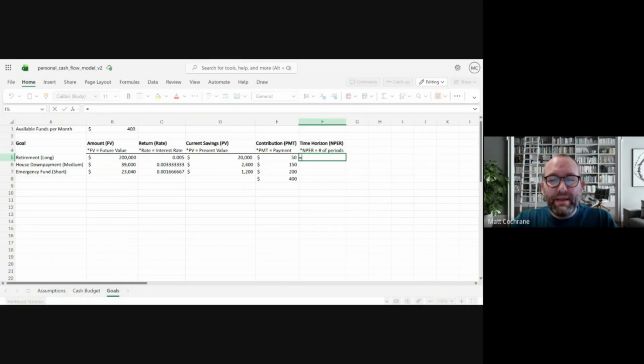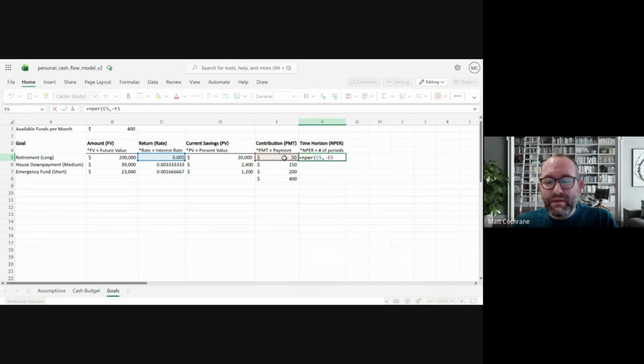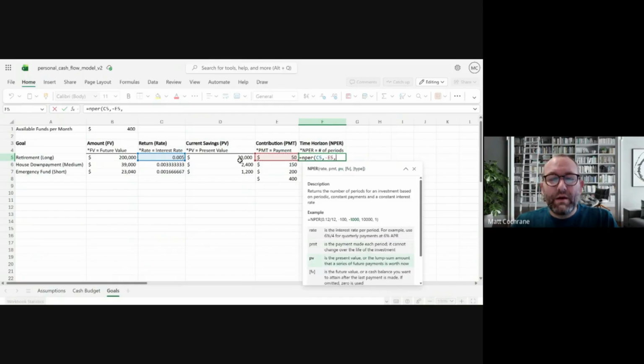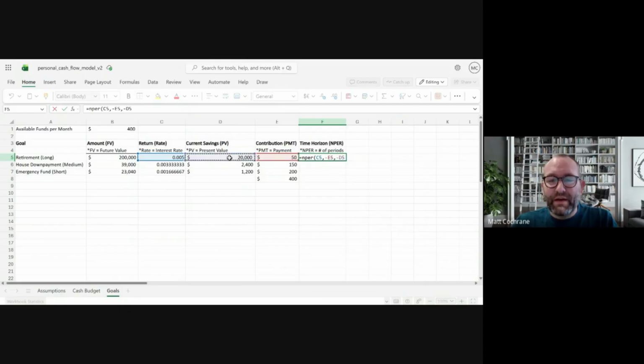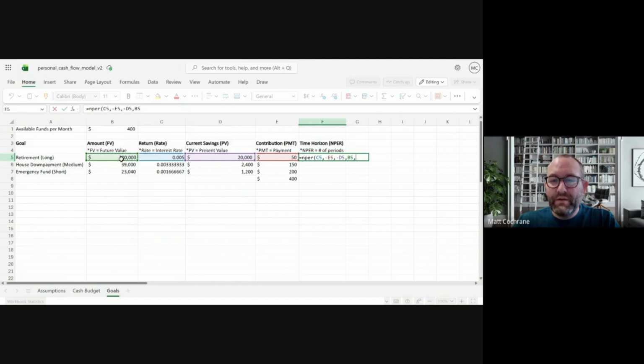Now what we can do is we can calculate the number of periods. We type in equals NPER, and we select our interest rate per month, our negative payment, our negative present value, our future value, and end of period.